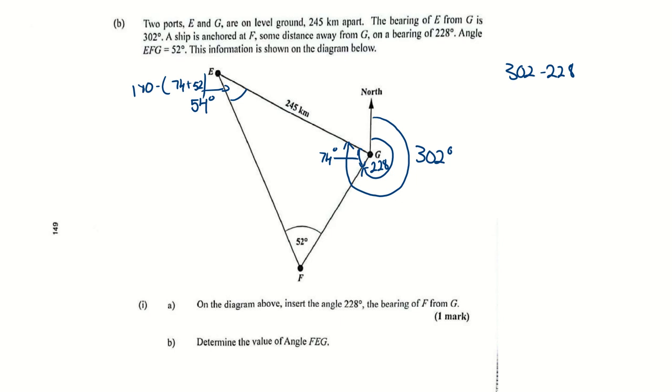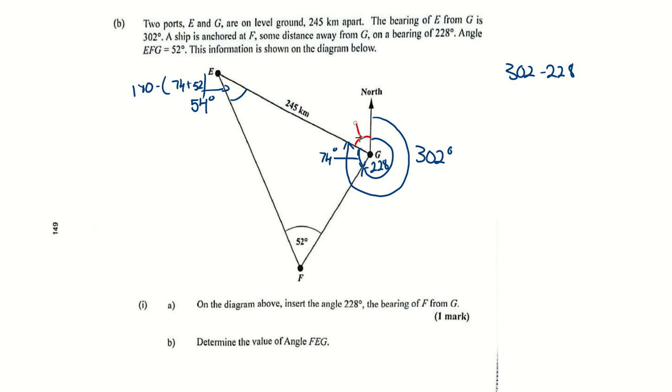So from everything that we know here, these are the things that we could calculate. Also, can I calculate this angle here? If from the north line to E is 302, I can calculate this in red so we can see. We may not need these things, but I'm just showing.